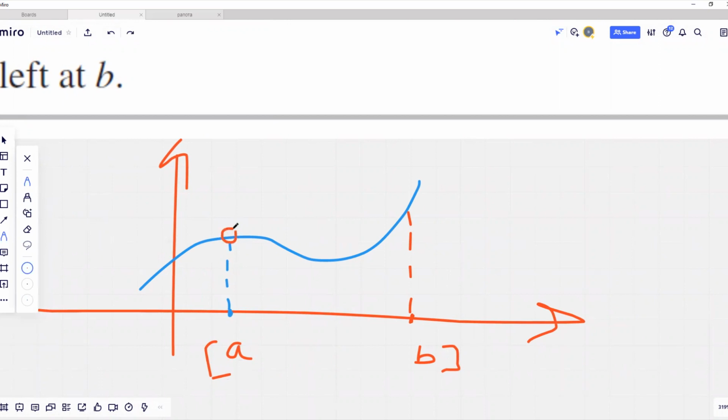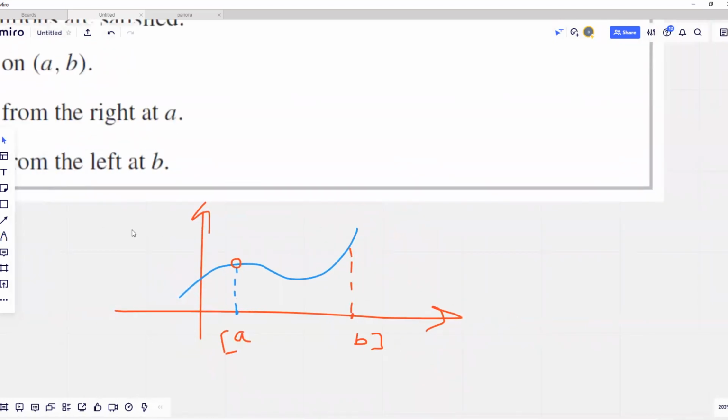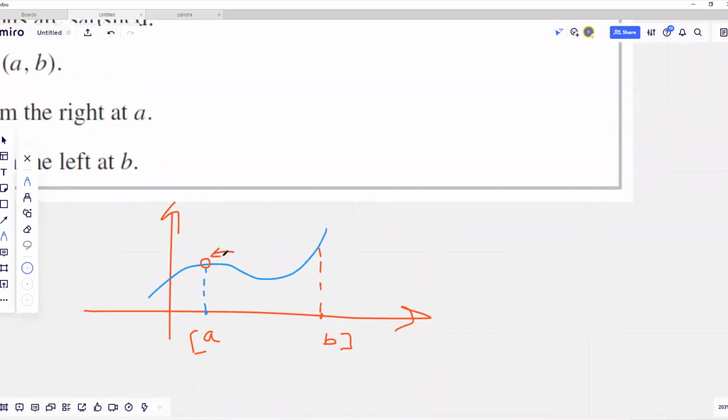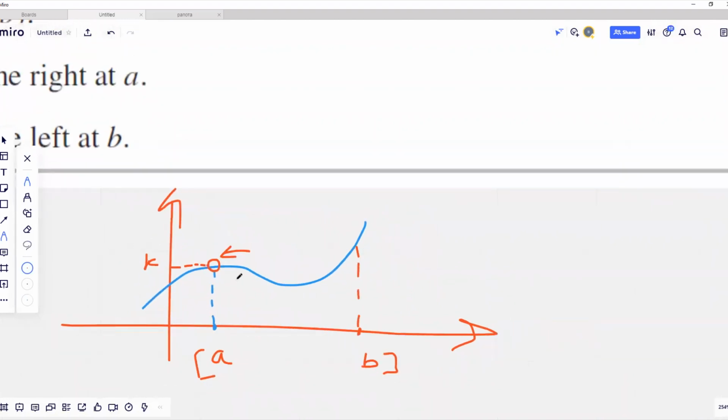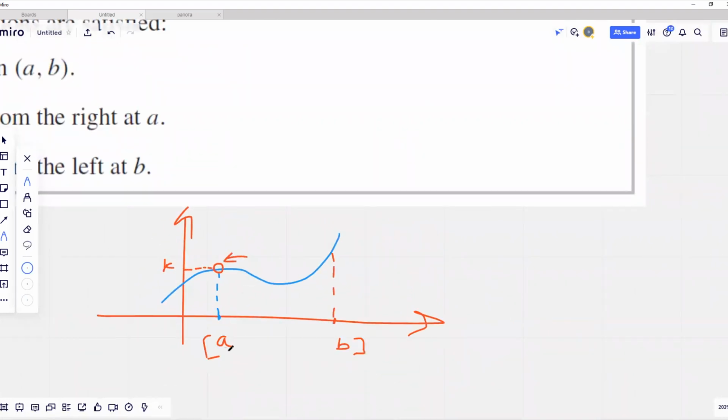Assume that there is no point here, a removable discontinuity at the left endpoint. Now, let's assume that this value here is given as k. So the one-sided limit as we are approaching our left endpoint from the right side is equal to k.